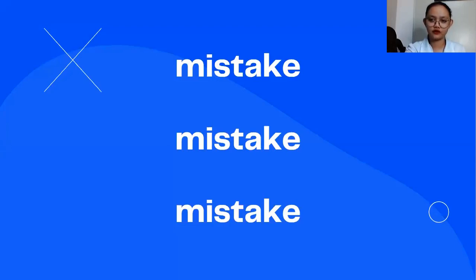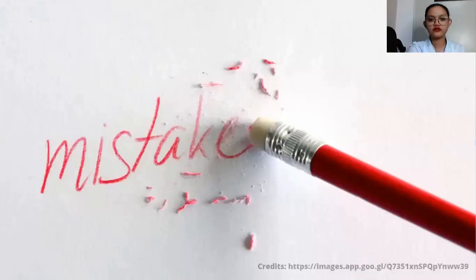First, the response of a person when they make a mistake is to erase it. This is only possible if our mistake is written, just to be clear. Obviously, we have here an eraser and a written word, which is mistake.